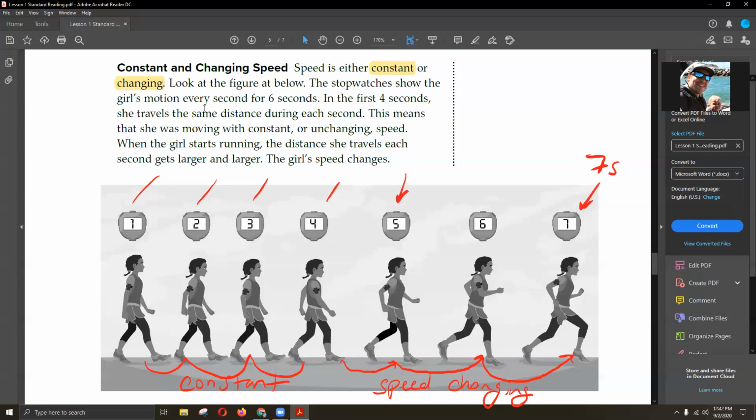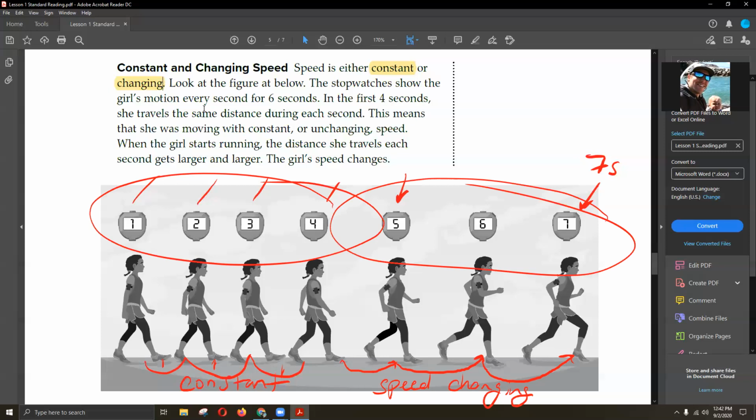You have to look at the distance that is being passed over time. In the first 4 seconds, every step is the same distance. But in the last 3 seconds, she really is speeding up because she's taking bigger steps and traveling more distance per unit of time.